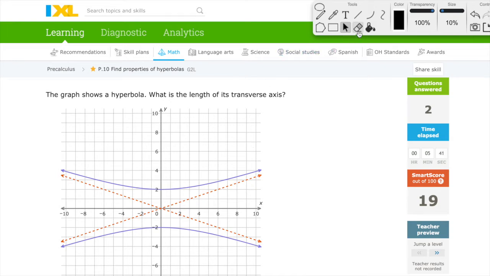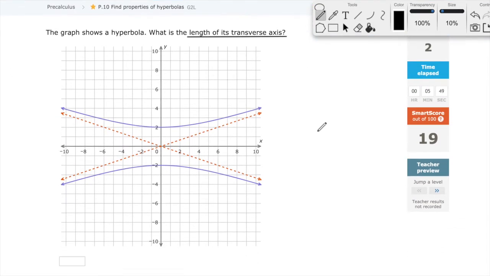Okay, so this time we want to know about the length of the transverse axis. They use two different terms relative to what the book for my class uses, but this one is similar to the book. The transverse axis is based on if these U-shapes are up and down like this or side to side.